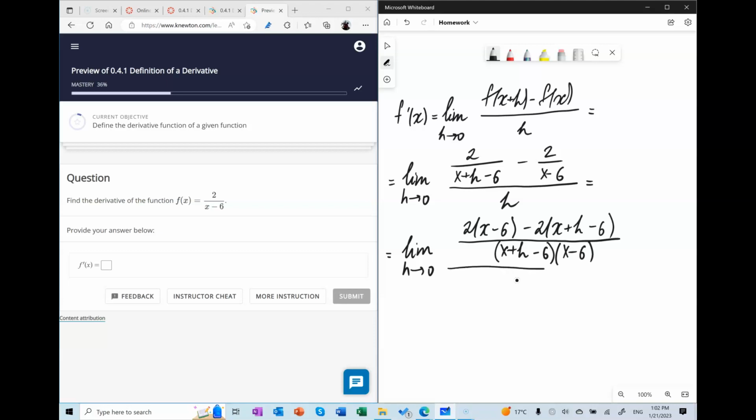And now, instead of actually writing all over h, I'm just going to use the property of fractions. That is the fact that a over b over c is the same as a over bc. That's a well-known property of a fraction. So instead of writing all over h, I'm just going to put h here in the denominator. And now we need to simplify the numerator.